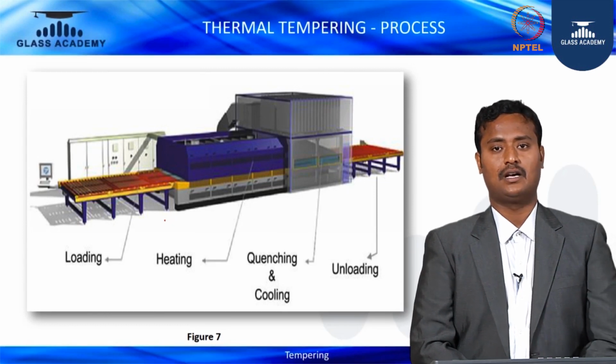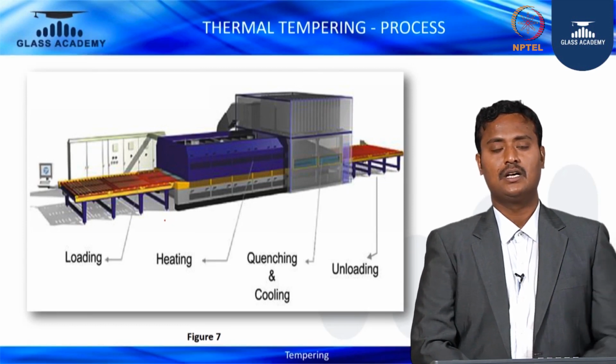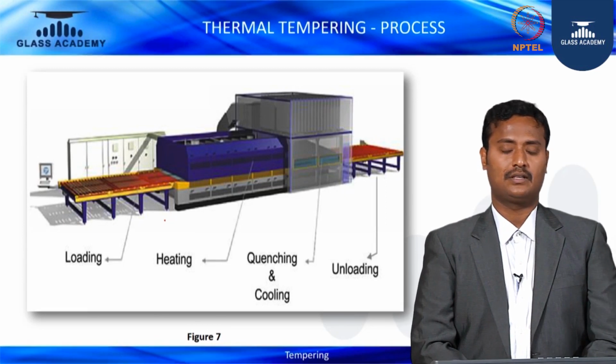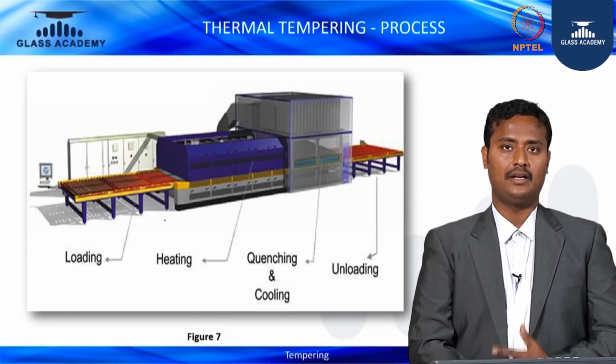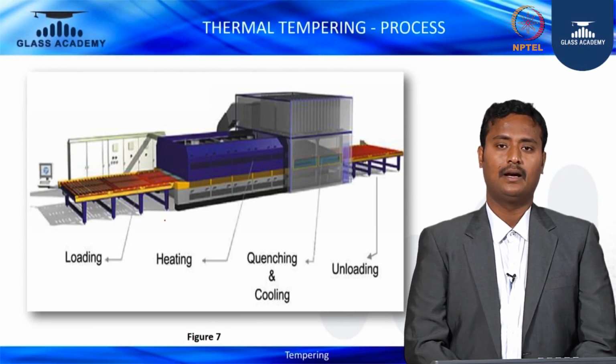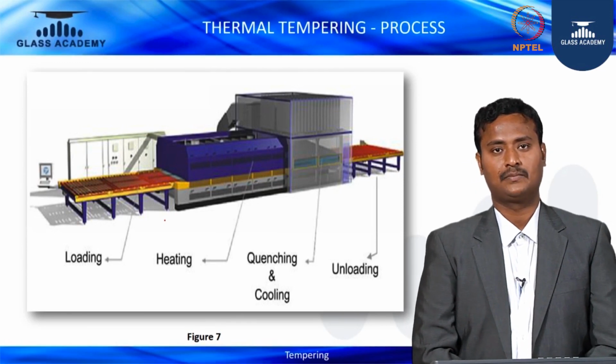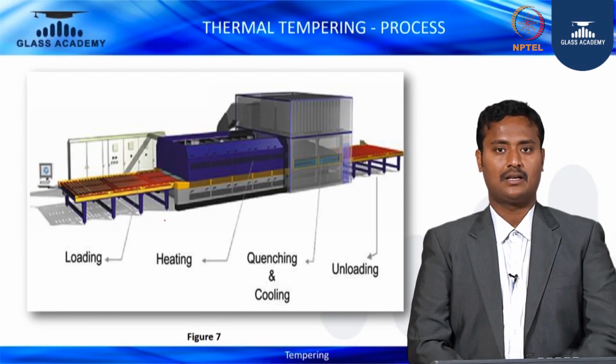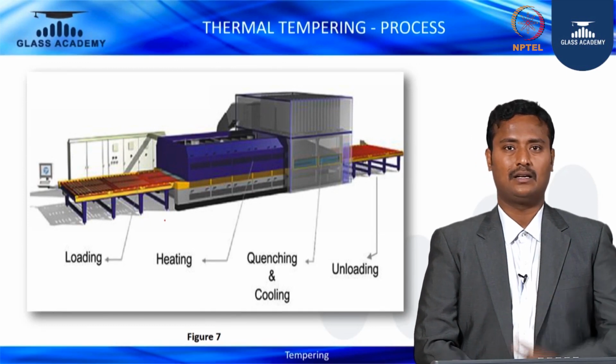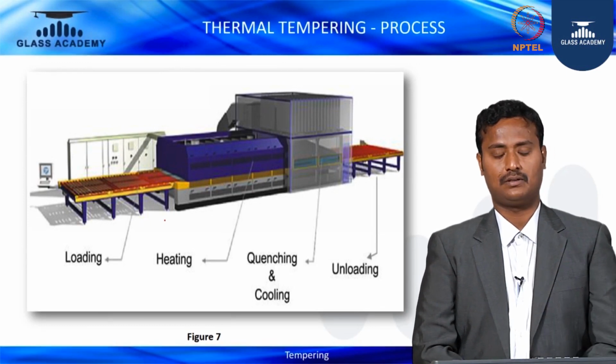The next phase is the unloading phase. So there are 4 stages of the tempering process: loading, heating, quenching and cooling, and unloading. In the upcoming slides we are going to discuss in detail these sections of the tempering machine.